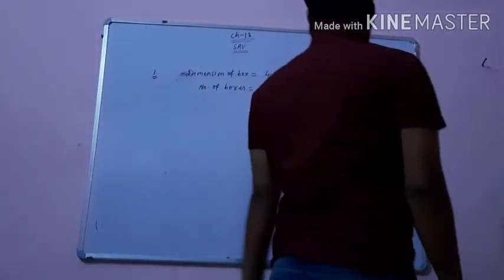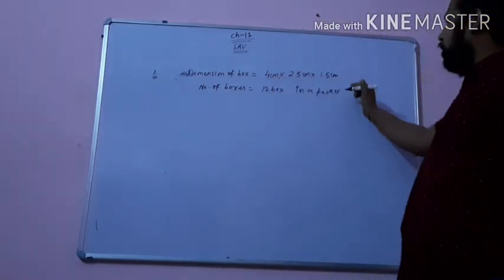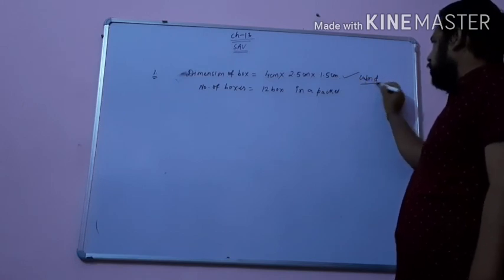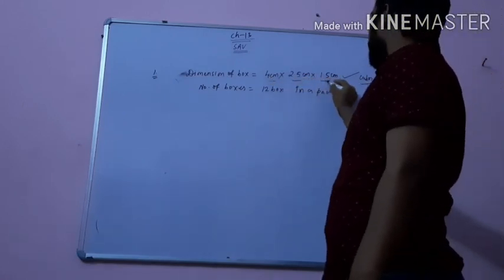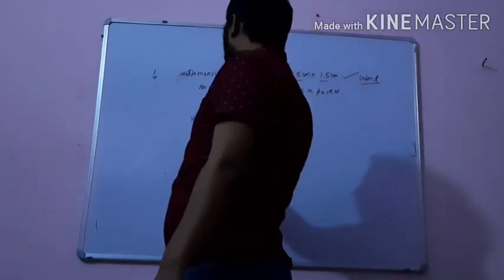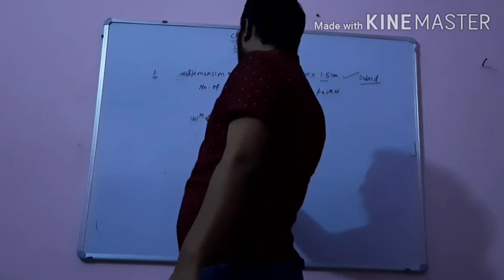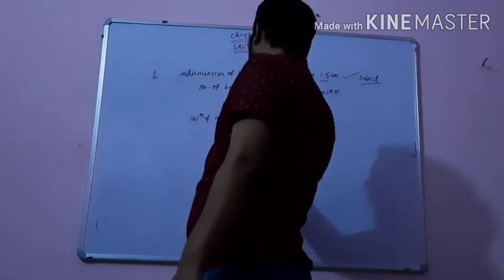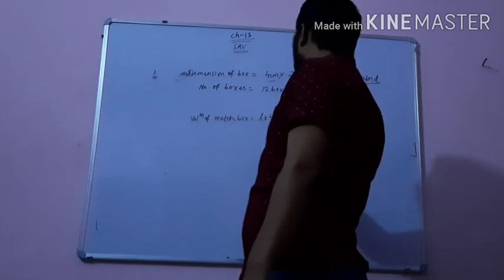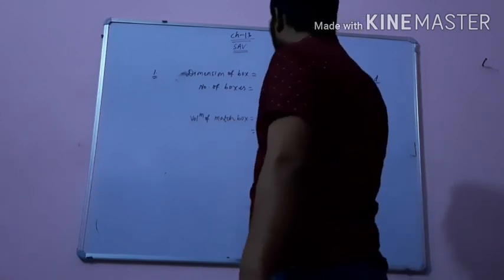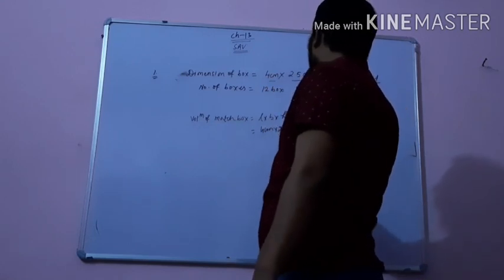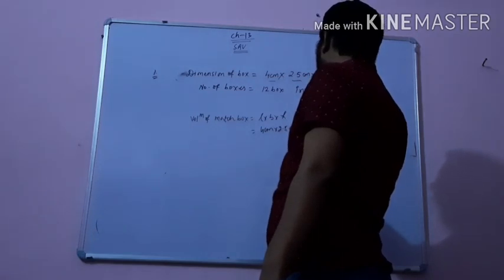By seeing the dimension, we can say that the shape of the box is cuboid, because length, breadth and height are of different length. So, the volume of the match box will be equal to the volume of cuboid, that will be L into B into H.